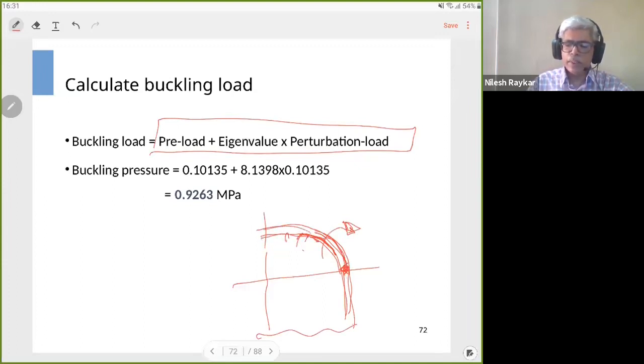This moment tends to create compressive stresses on the outside surface of the dished end, and these compressive stresses tend to buckle the head.